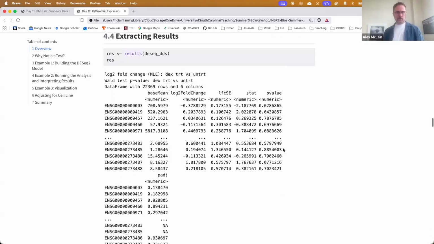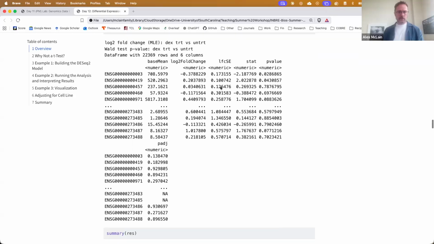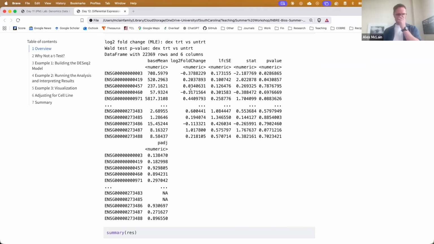And then here we're extracting the results using the results function, and you can see the first 5 or 6 columns here. So we have the base mean, 708 for this first gene, 520 for the second gene, the log2 fold change, the standard error of that.